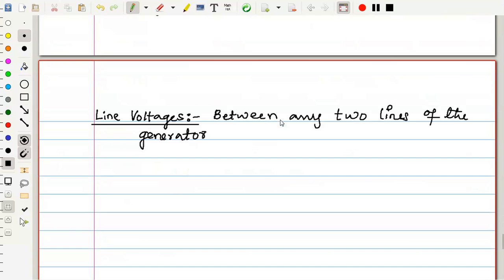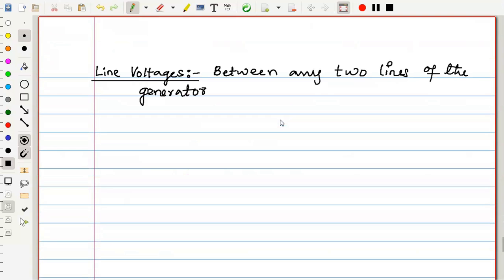So the line voltages are between any two lines of the generator. Let me write it completely: voltage between any two lines of the generator.